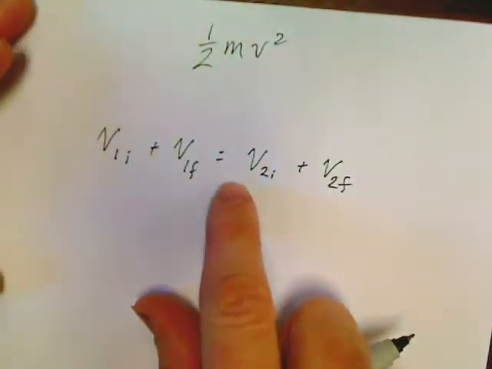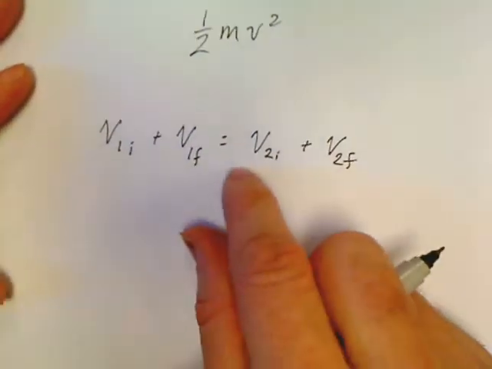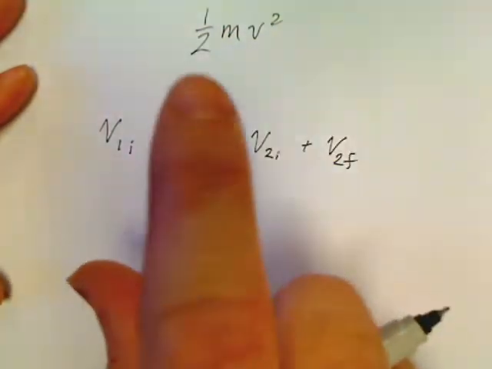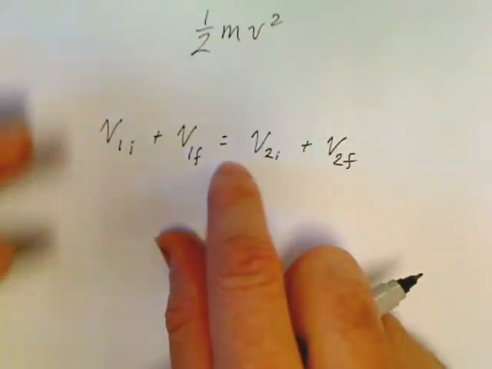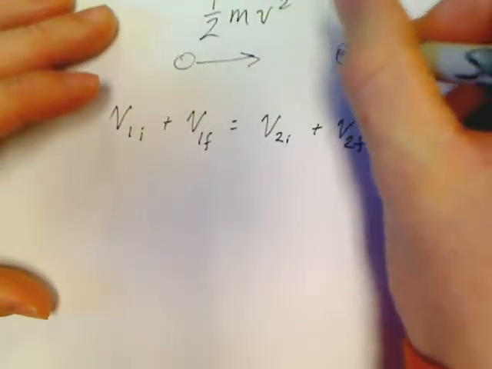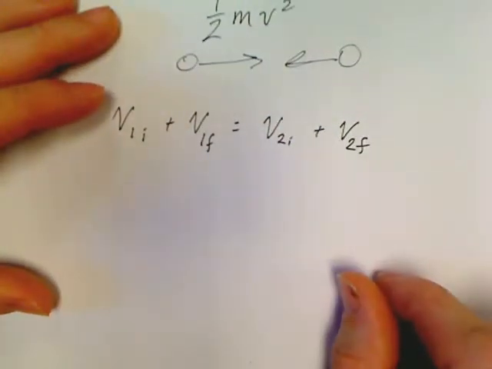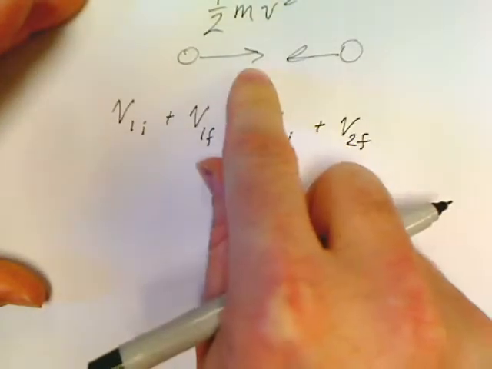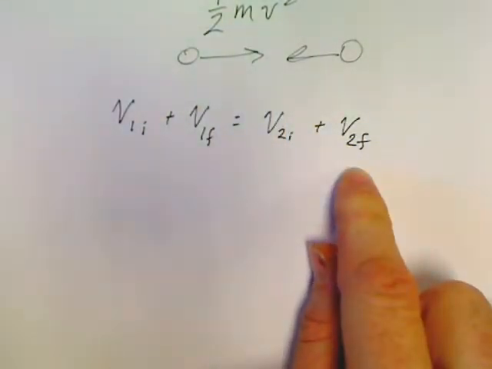That's where this is derived from. I can make a second video on that if you want to know how to derive this equation. This is your go-to equation. If you ever work a problem where two things hit and bounce off each other and it doesn't give you a final velocity, you need this equation.